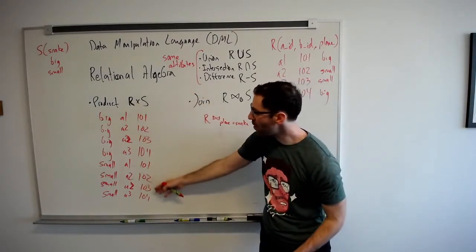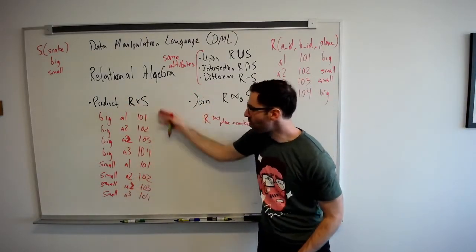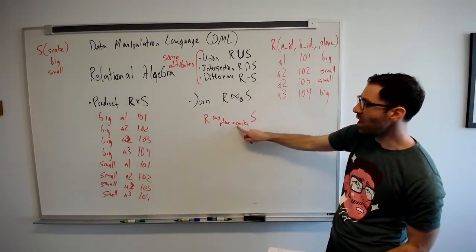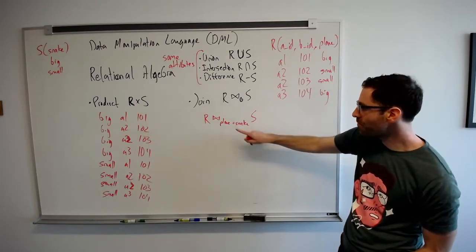So it's kind of the tuples from this product where the plane attribute equals the snake attribute.